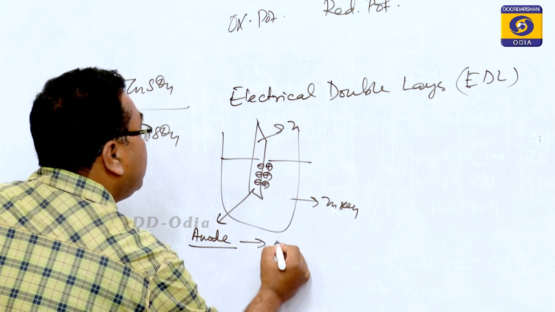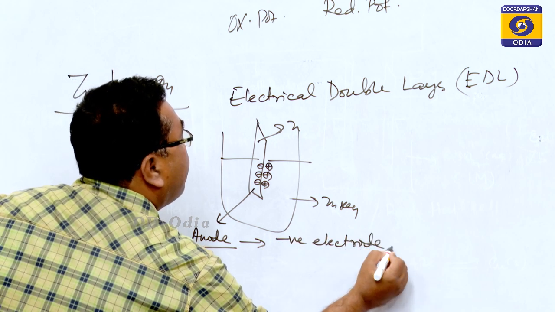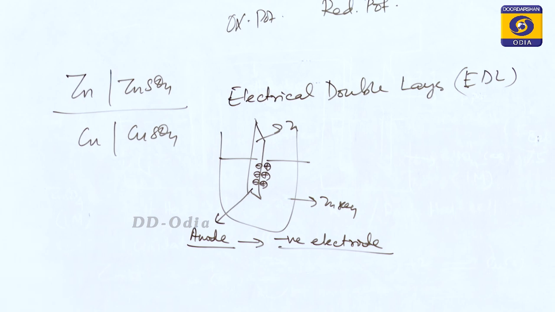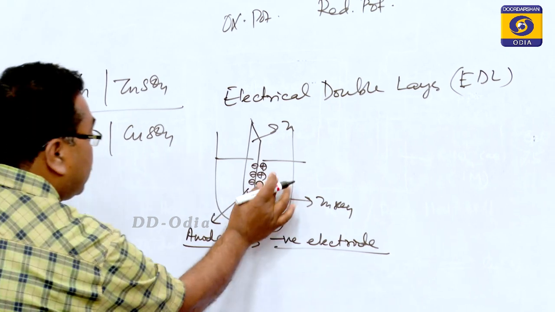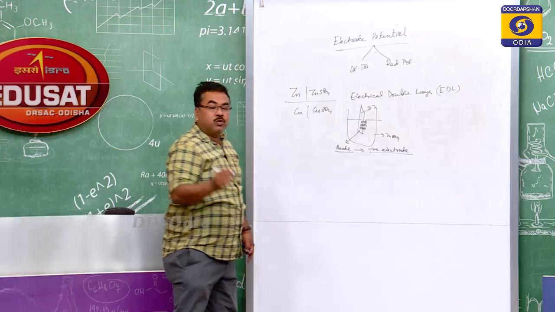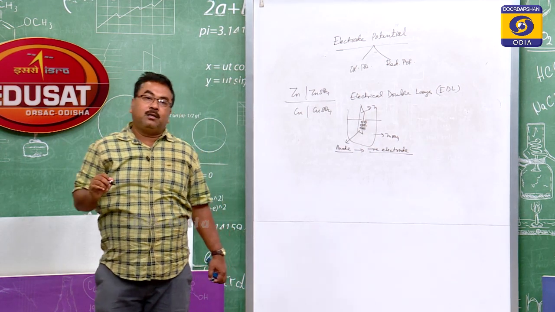The anode is always a negative electrode here. At the interface you see this is the solution side and this is the metal side. So, two layers of charges are formed, and this is responsible for the potential called the electrode potential.